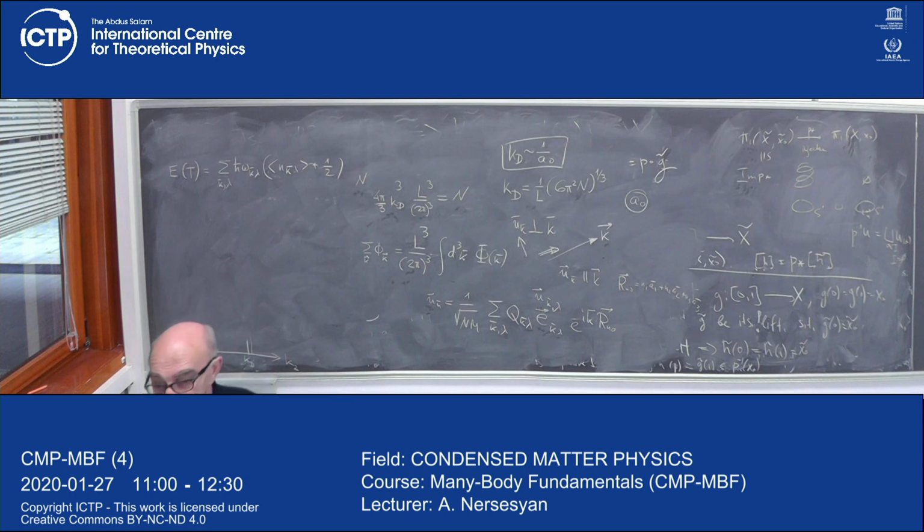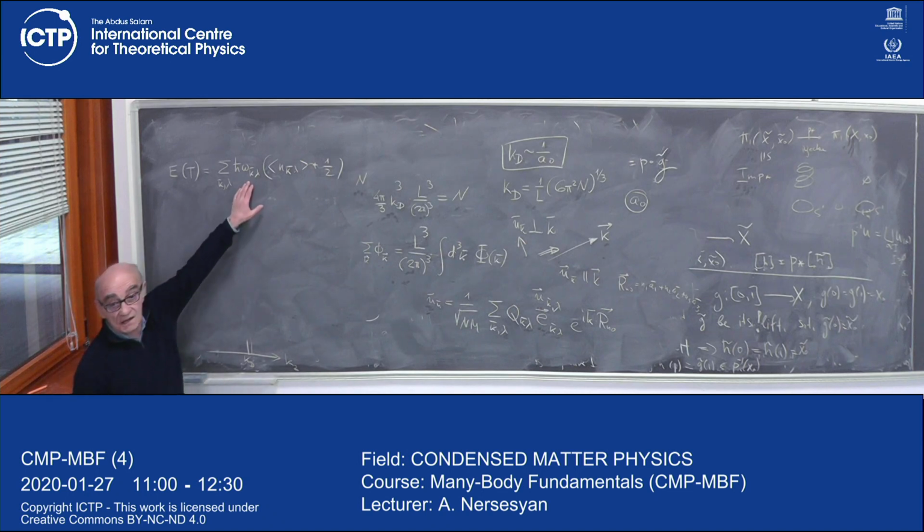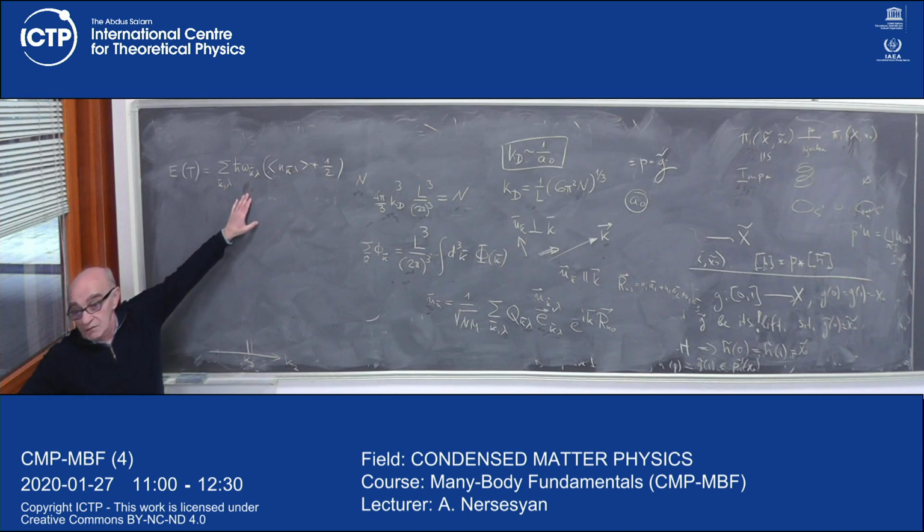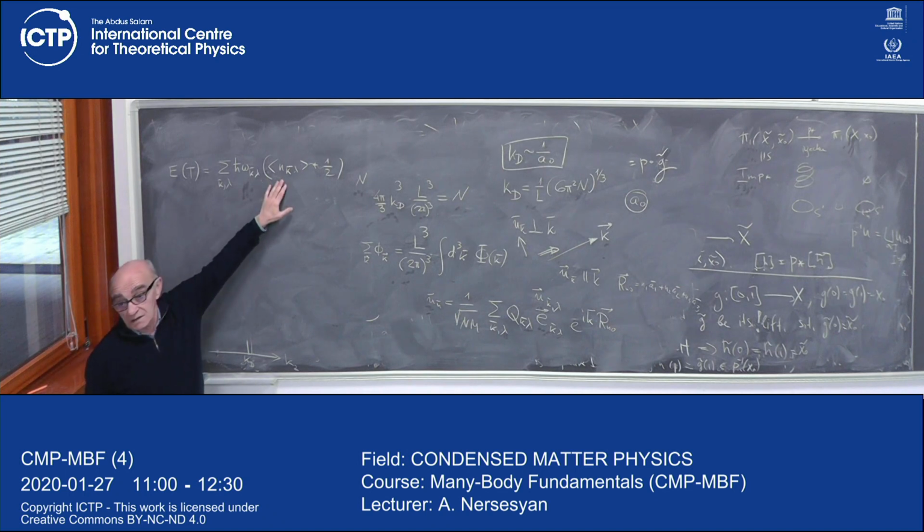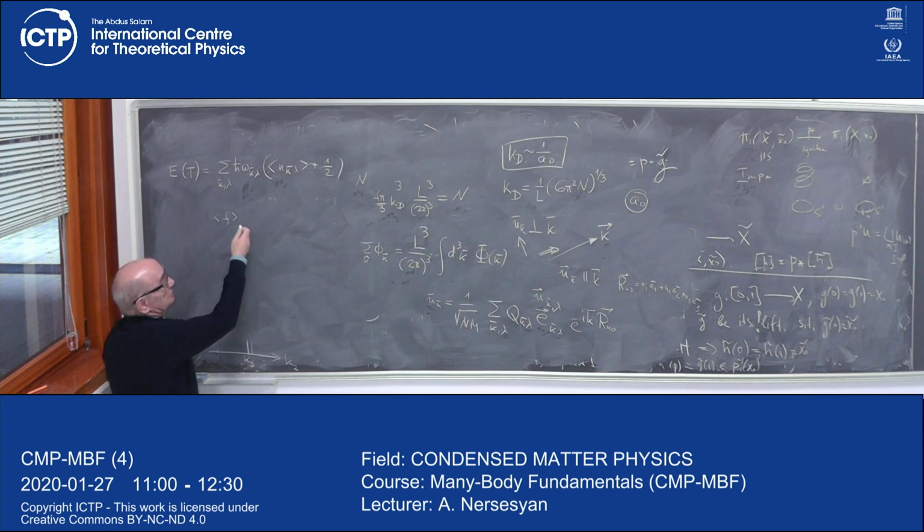So what did I do? I simply wrote down the expression for the energy of the non-interacting phonons, summing over all of them and over all polarizations of those, and averaging here. Well, the average of any quantity is assumed to be a thermal average within the ensemble.